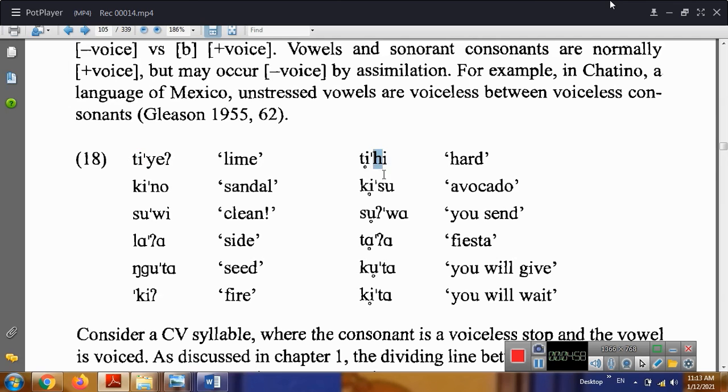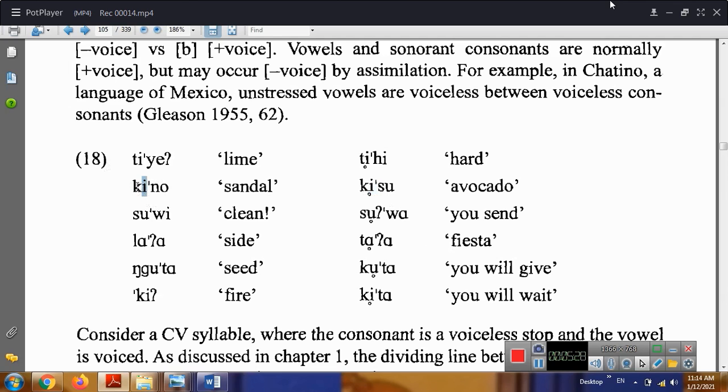But here e occurs between he, which is voiceless, and te, which is voiceless, and this sound becomes voiceless. You can see the voiceless symbol in this way, by this diacritic which occurs below that sound. And here we have the voiceless form of e, because k and s, both of them are voiceless.